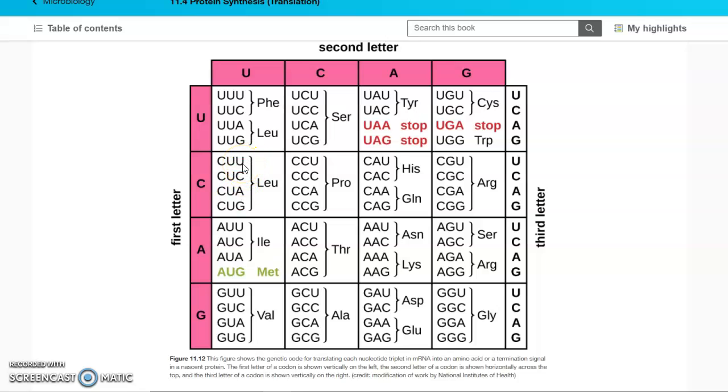For instance, if the code should be ACU, but instead it's ACA, well, it's still going to code for threonine. So we don't have a mistake in the overall protein, even though we have a mistake in a nucleotide. So this does help prevent some of those mistakes that could cause the protein to be completely misformed because we've put an amino acid in the wrong place.